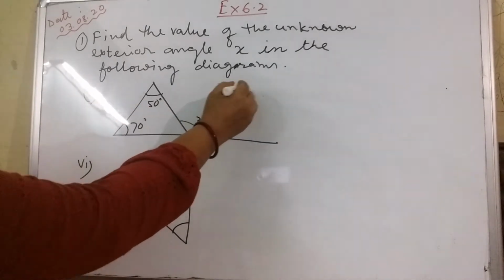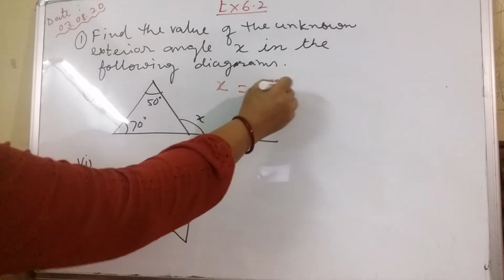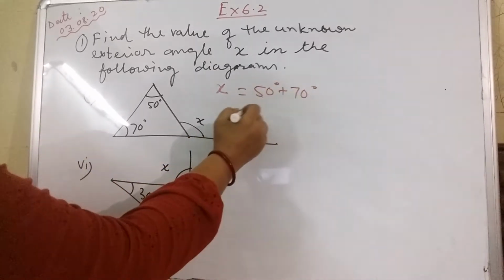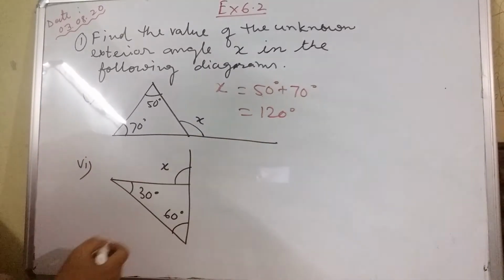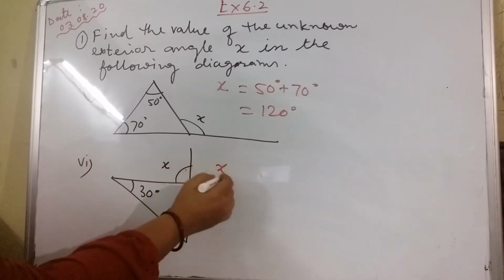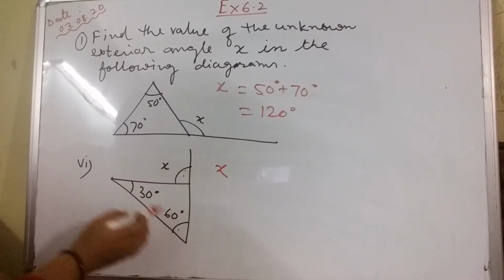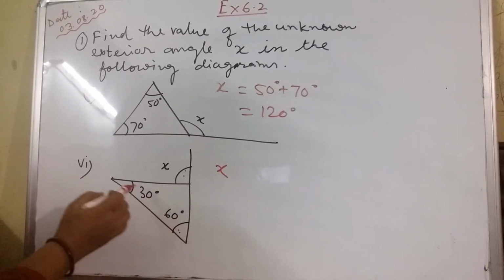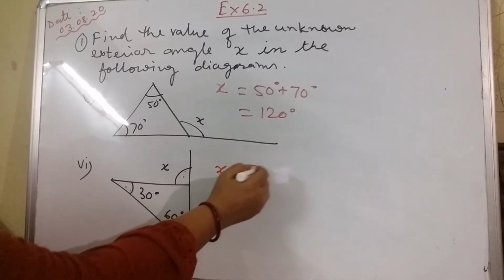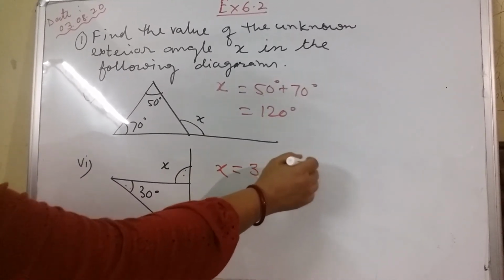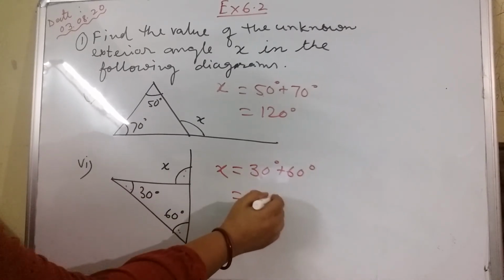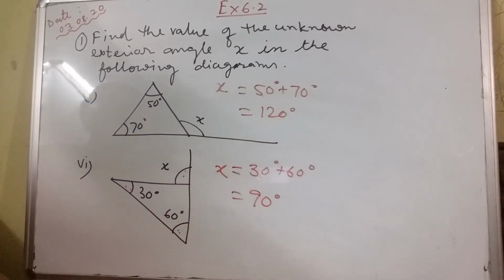So x will be equal to 50 degree plus 70 degree, that is 120 degree. Same here, x is an exterior angle and these are opposite interior angles. So this will be equal to 30 degree plus 60 degree, it is 90 degree.